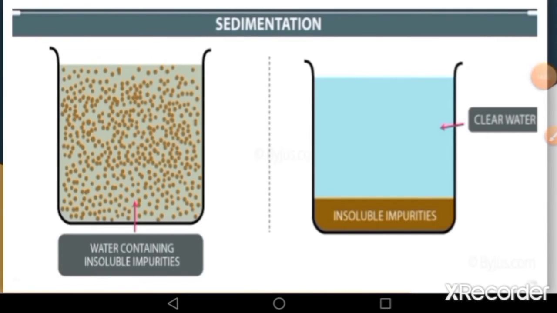Through sedimentation also we can separate substances. During sedimentation, the liquid is left undisturbed for some time. The heavy insoluble solids like sand settle down at the bottom. This process in which insoluble substance settles down is called sedimentation.